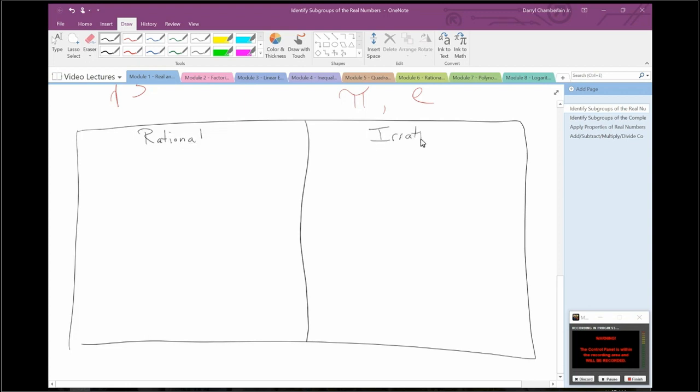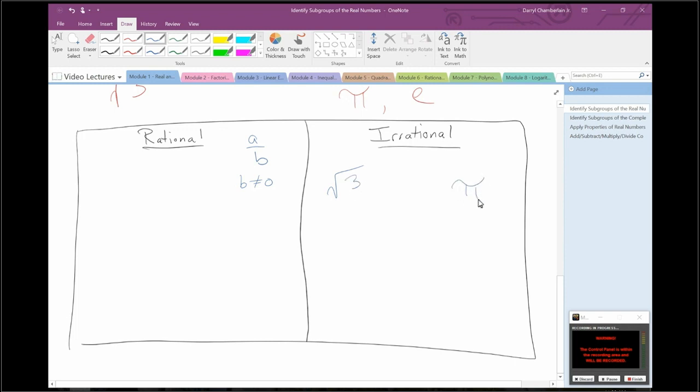No overlap. So rational is going to come back again and again in this class. And when you think rational, you need to think fractions. A over B, where B is not 0. And when you're thinking irrationals, you're thinking the square root of something, or maybe like pi.